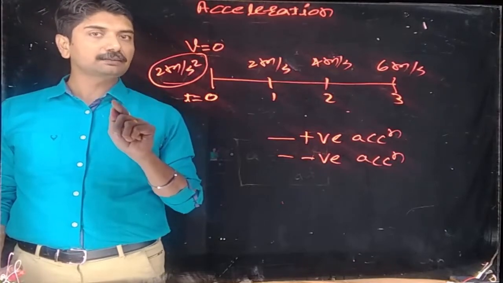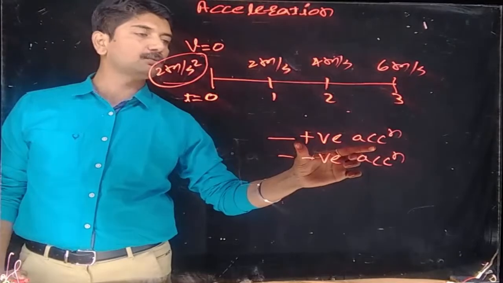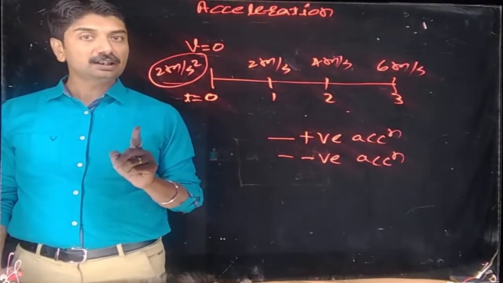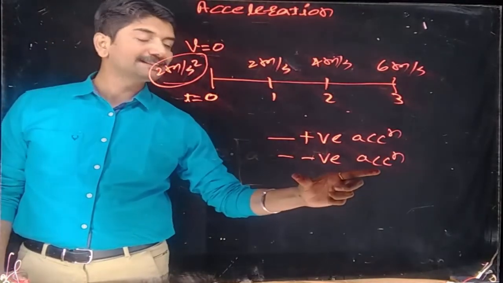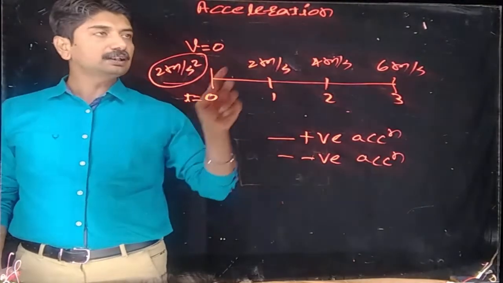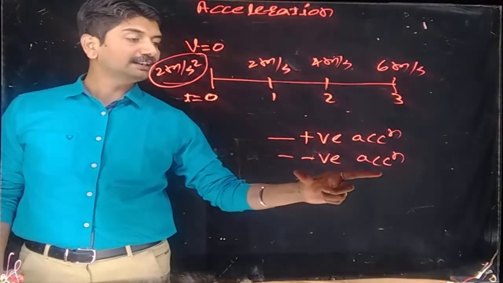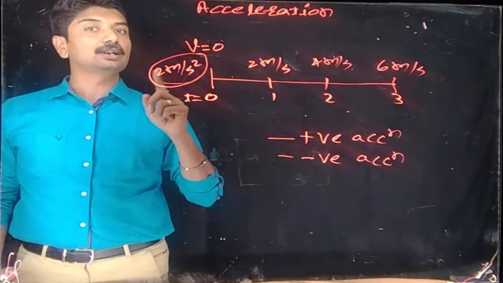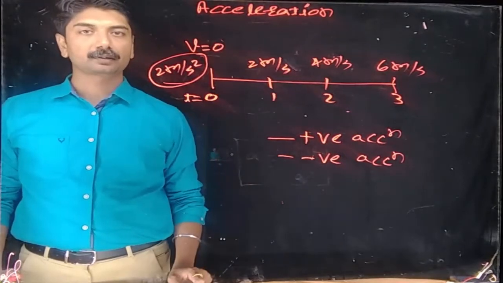The acceleration given by the accelerator, which increases the velocity, is called positive acceleration. The acceleration given by the brakes, which decreases the velocity, is called negative acceleration. If the initial velocity is greater than the final velocity, it is called negative acceleration. If the initial velocity is less than the final velocity, it is called positive acceleration.